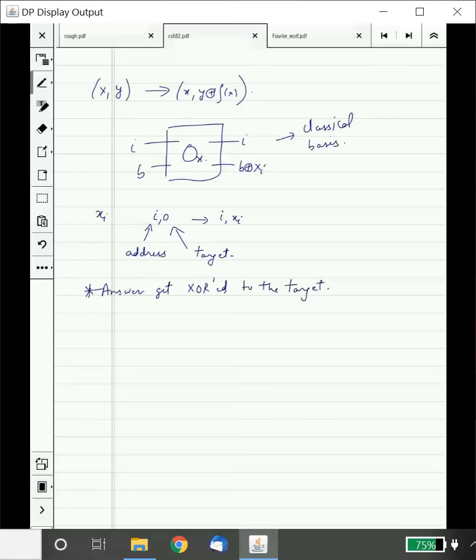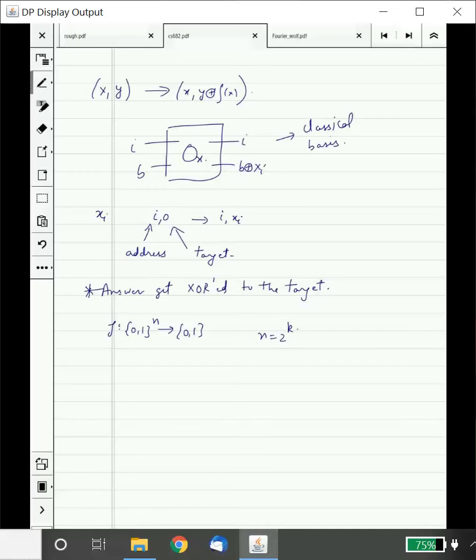This is the action of the oracle. From the part where we talked about quantum simulation of classical circuits, you can convince yourself that this is a natural way to represent an oracle. Remember, our input was of size n. Most of the time, we will assume that n is equal to 2 to the k.